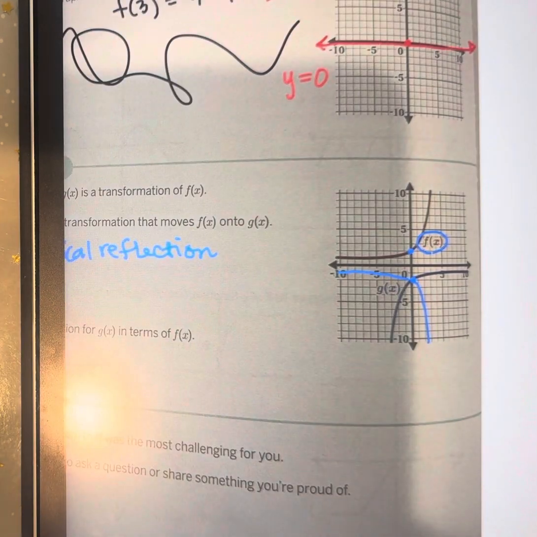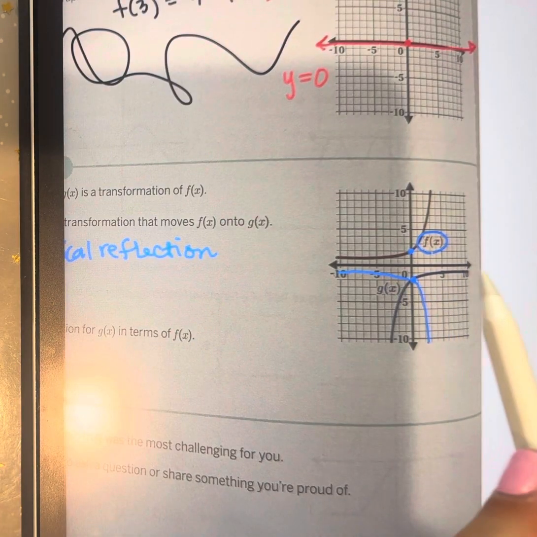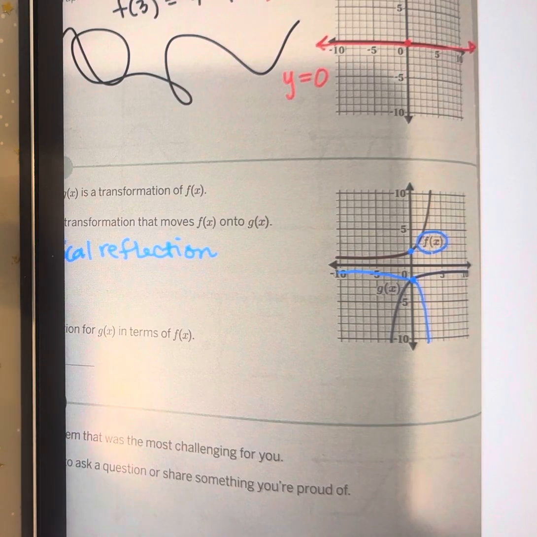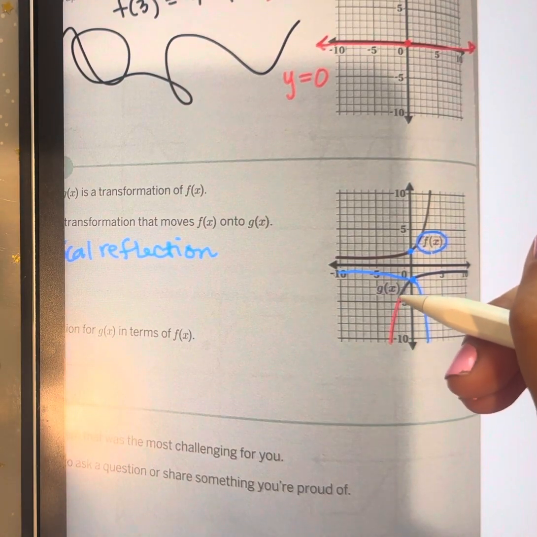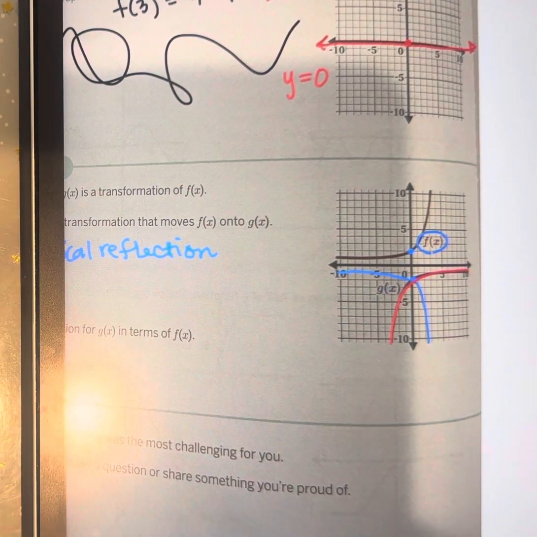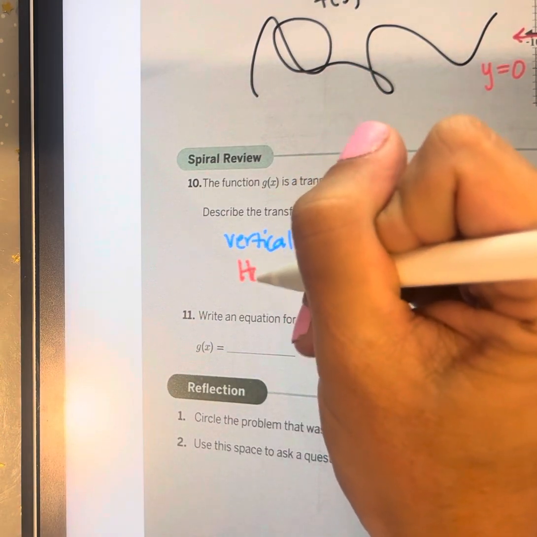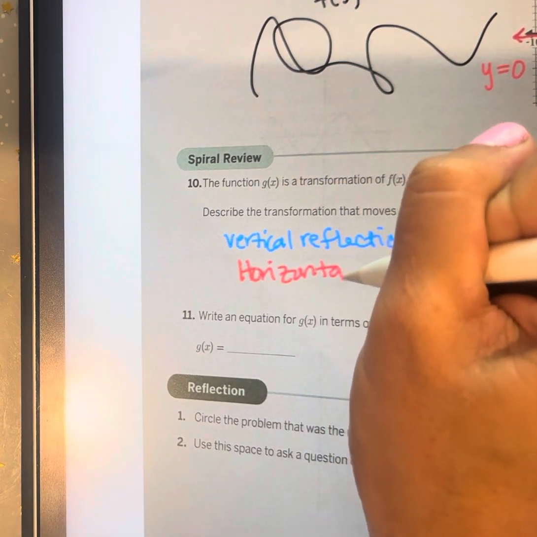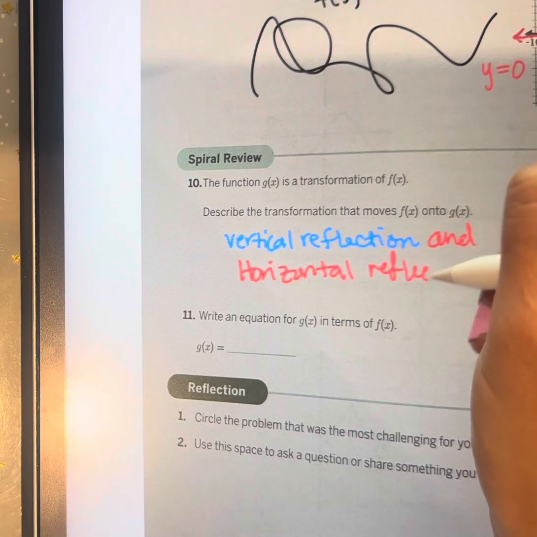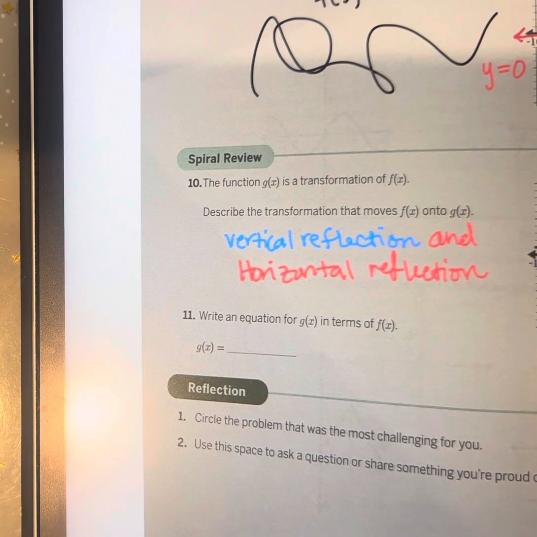Then it looks like if I just do a horizontal reflection, I'm there. So vertical reflection and horizontal reflection.